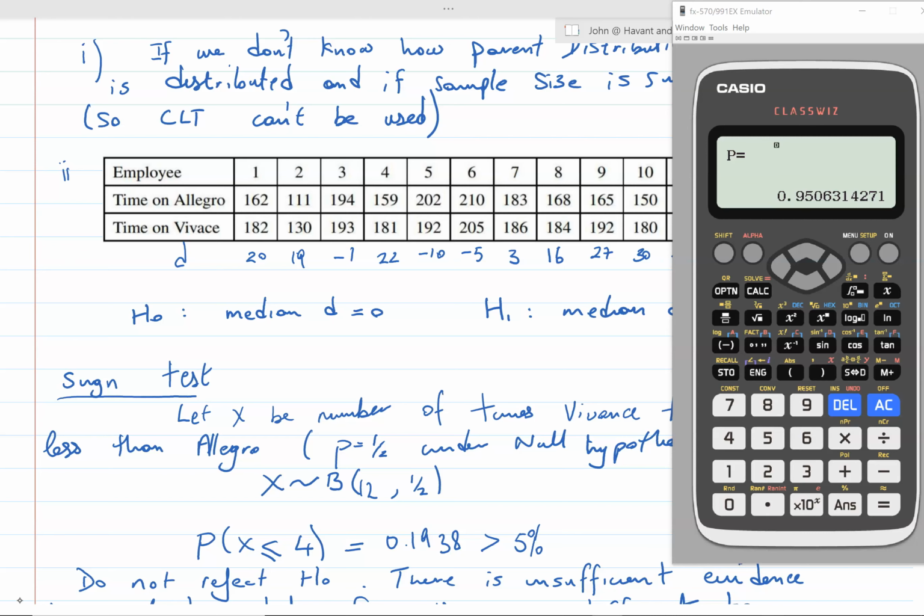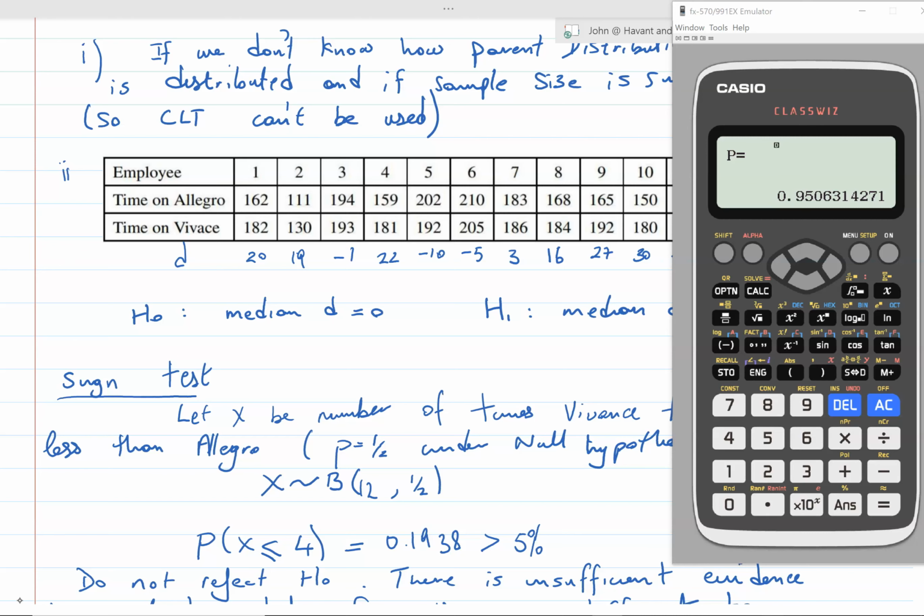If our null hypothesis is that they're basically the same, then we can say that would be surprising. So we've got 4, which is less than expected. Our expected on average would be 6. We've got 4 here. So we're finding a probability of 4 or something a little bit more extreme than 4.